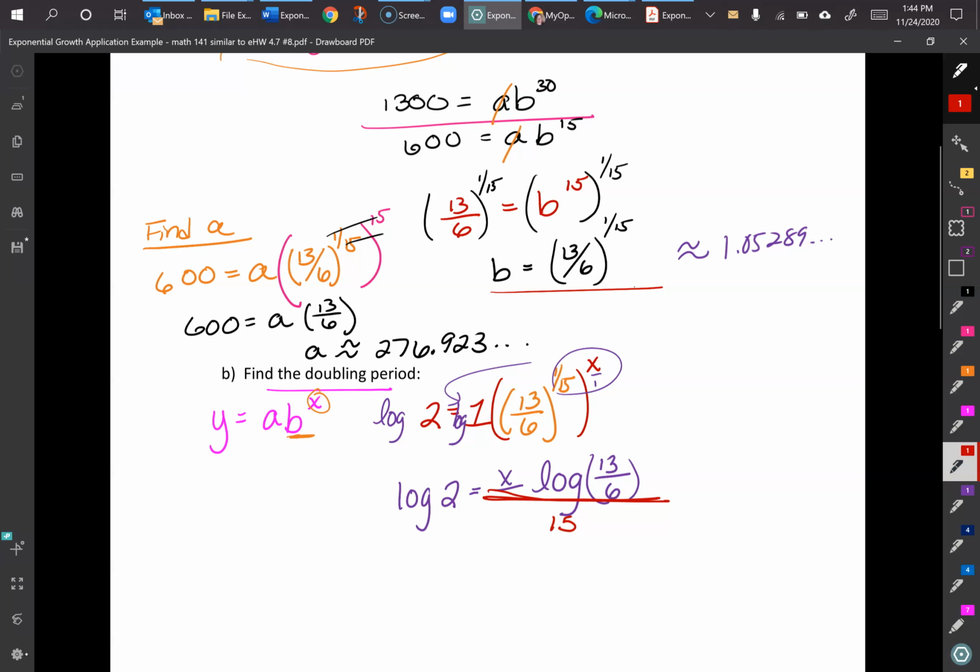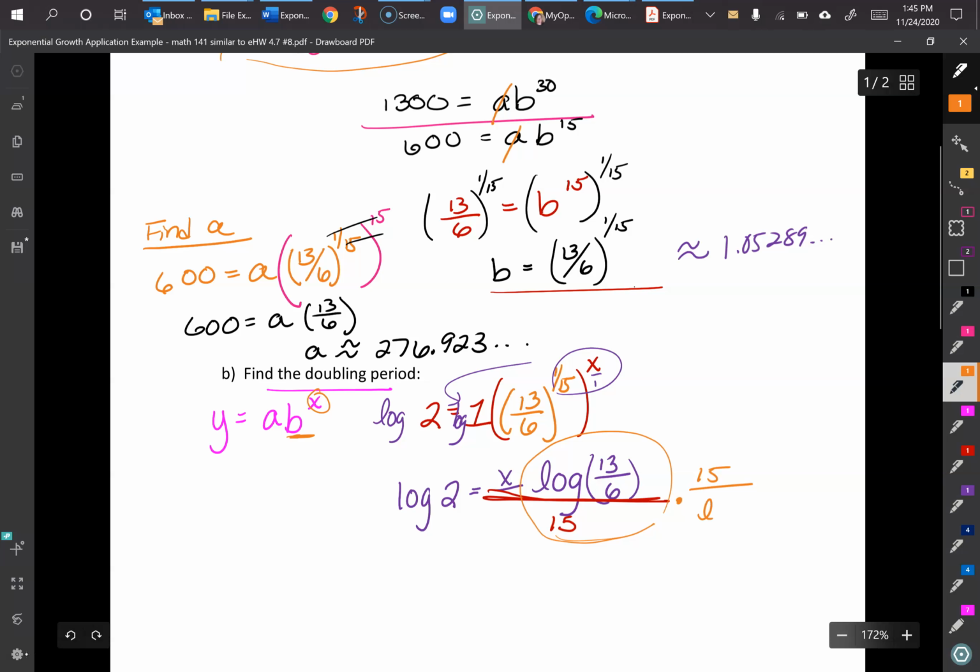Then I would just multiply both sides by the reciprocal of this log 13 over 6 times 15, or over 15. So multiply both sides by 15 over log 13 over 6.